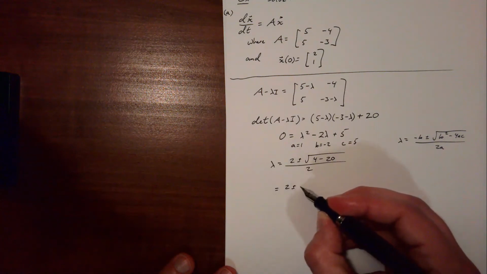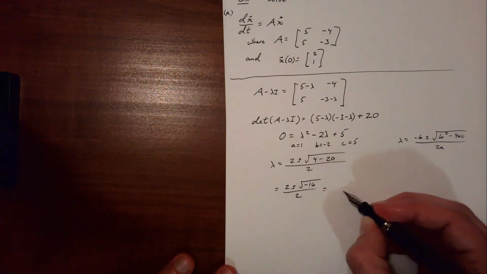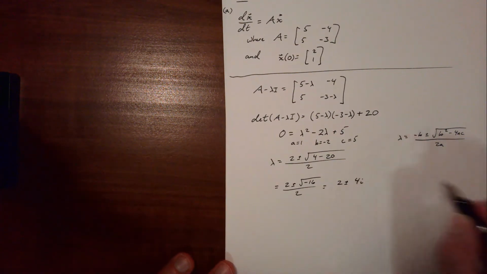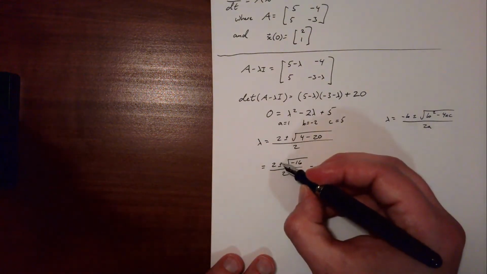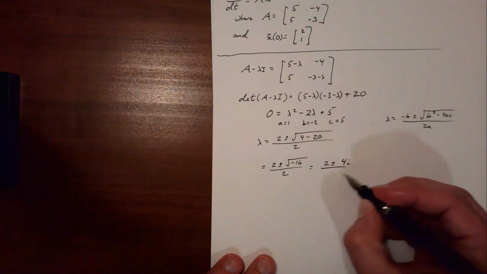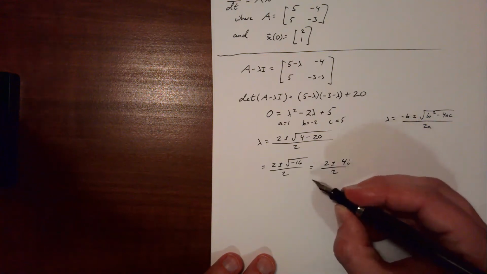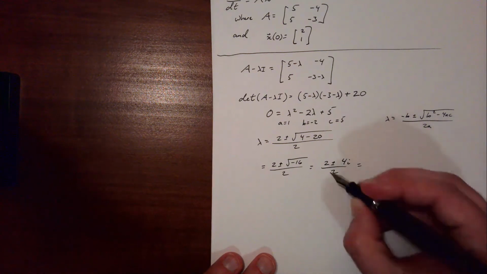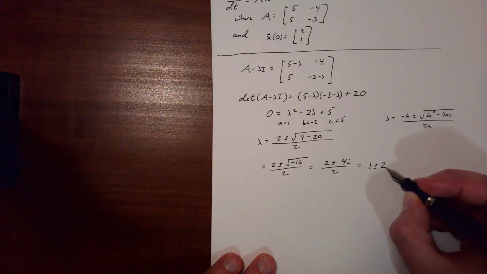So 2 plus or minus the square root of -16, over 2. In other words, 2 plus or minus 4i. If you remember, when you're taking a square root of a negative, and we are now talking about potentially complex results, it's just whatever the square root was going to be, and then you put on an i if it was negative. Then we can distribute the 2 into both of these, and we get 1 plus or minus 2i.